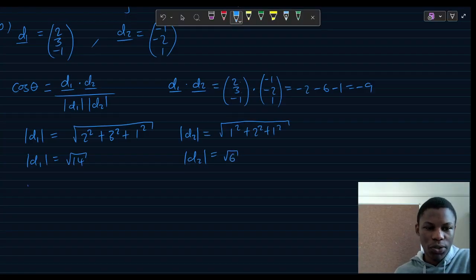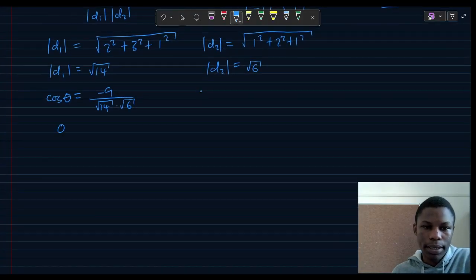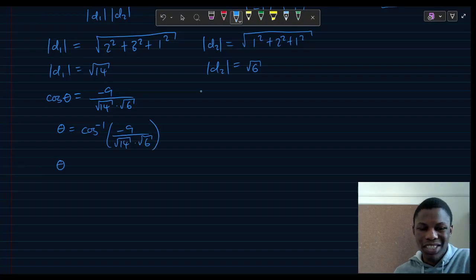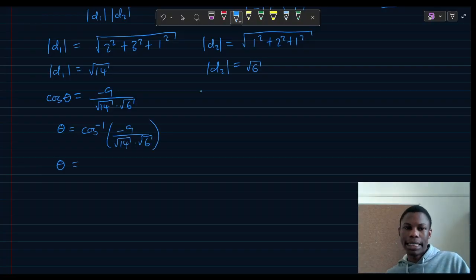So going back to our formula, we have that cos theta is equal to the dot product, which is negative 9, over the product of the moduli, so root 14 times root 6. And so we can say theta is arc cos of negative 9 over root 14 times root 6. Here they have not specified whether we should be in degrees or radians, so you can go either way.